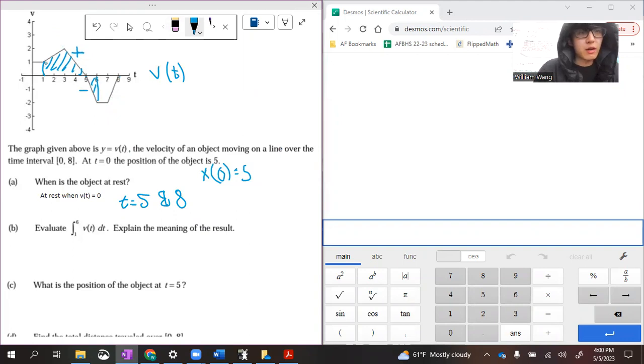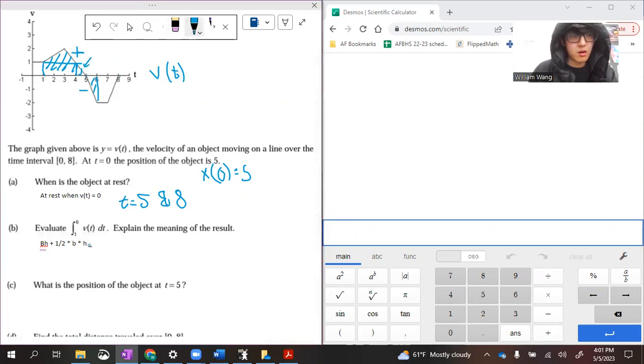Okay, to evaluate this integral, what I would do is break it up into shapes. All right, so you can see what those shapes are. So first, let me just write this out. First, I'm going to add this little rectangle here, which is base times height, plus there's a triangle up here, so that's 1/2 times base times height. That's the area of a triangle. Plus, there's a second triangle here. Hopefully you can see that right there.